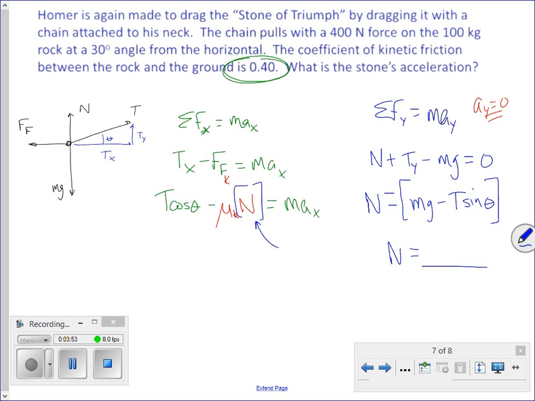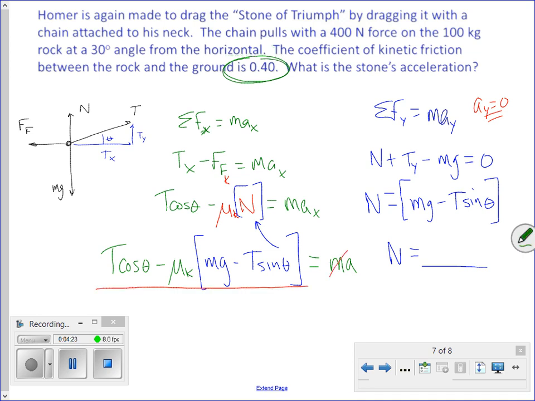But I come up with the following big expression: T cosine theta minus mu times (mg minus T sine theta) equals ma. But we want a, so we divide the mass out of both sides.